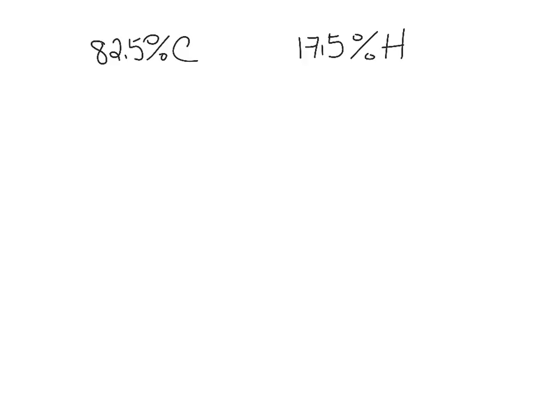We want to figure out what the empirical formula is. The first step you do is change the percent to mass. So 82.5 grams carbon, 17.5 grams of hydrogen. So right there, you've got step one.